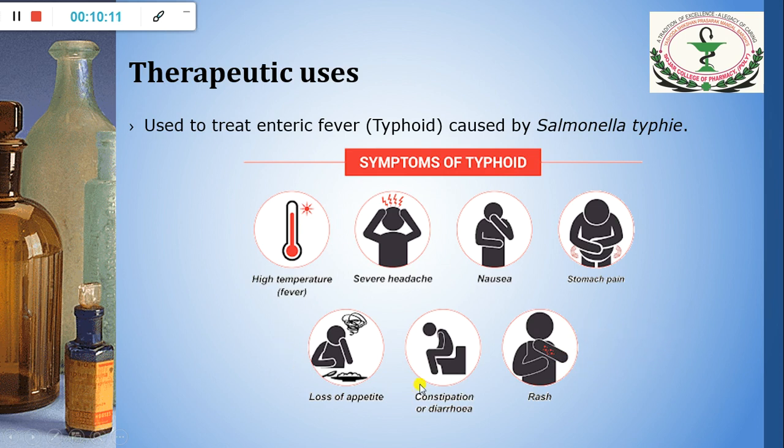So these are the symptoms of typhoid, and if these symptoms are there, you can go for a blood check, and if the presence of Salmonella typhi is found, then you have to treat this typhoid with chloramphenicol.